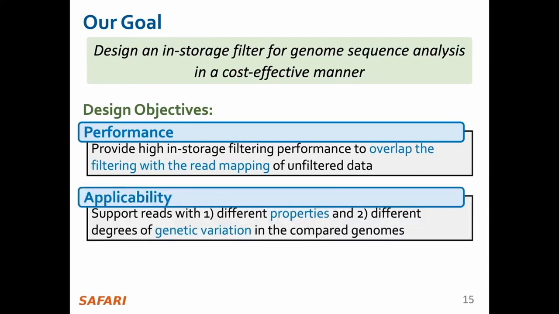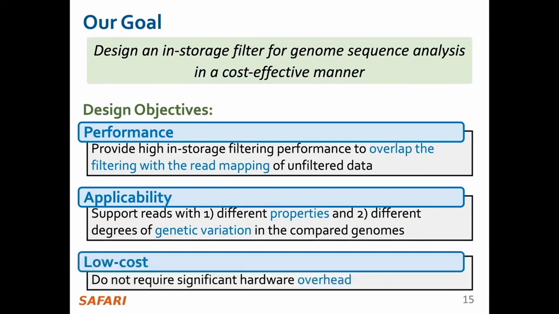The second objective is to have high applicability across many different genomic read sets with different properties, such as their length and error rates and different degrees of genetic variation compared to the reference genome that they are being aligned to.